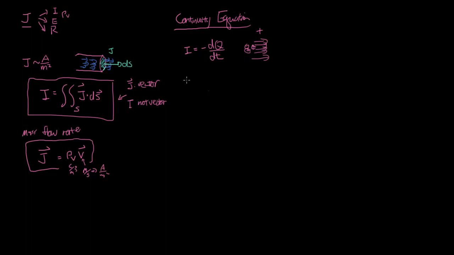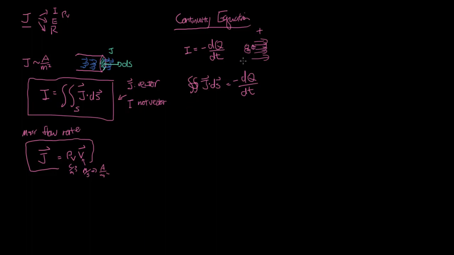So if we plug that in, we're going to find that J dot ds is going to be equal to minus dq dt.